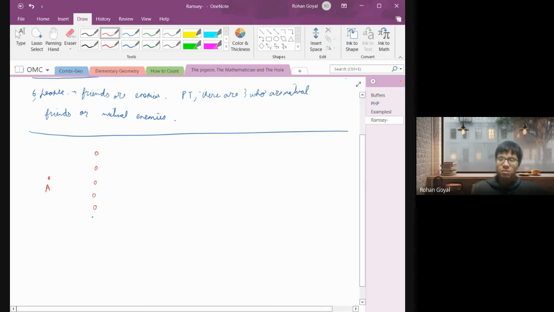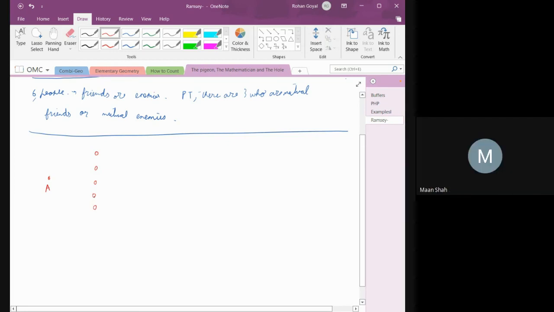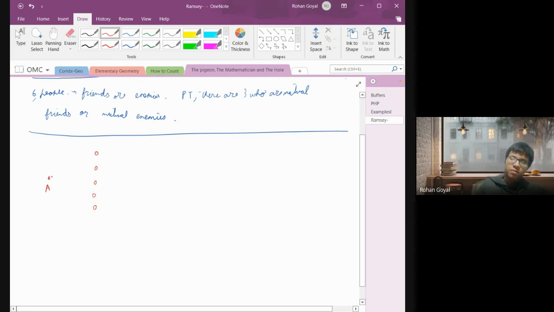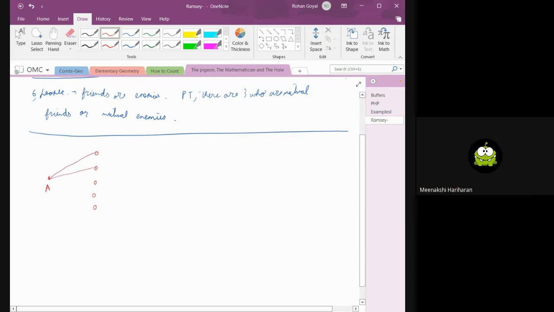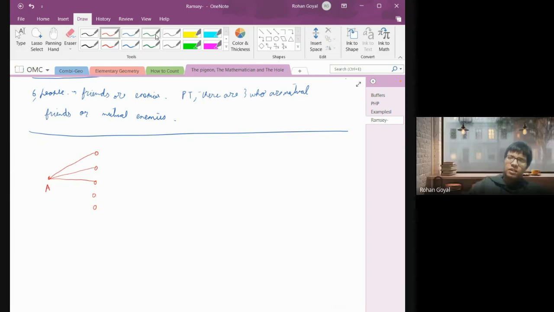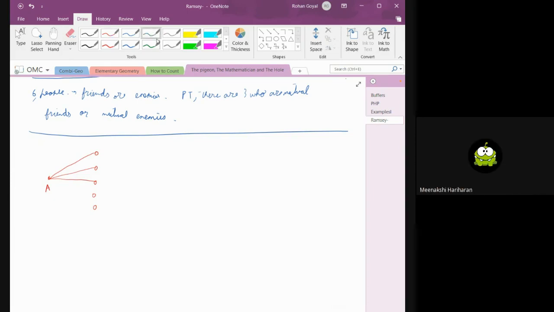By the Pigeonhole Principle, there are 5 people, so at least 3 are in the same category, right? Yes. Okay, so let's say these are the 3 people. I'll just draw a red edge to them. Among those 3, there will be 2 people in the same category, so among those 3, there'll be 2 people who are either friends or enemies.